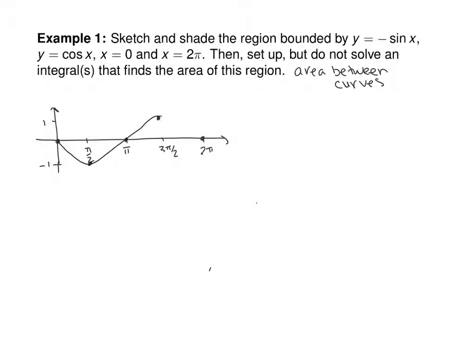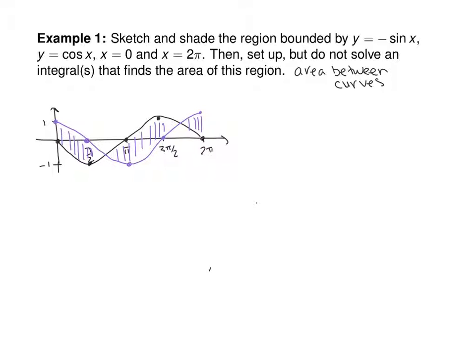So there is negative sine x. Cosine x will start at 1, cross the x-axis at pi halves, be -1 at pi, be 0 at 3 pi halves, and then back to 1 by 2 pi. So there's the region. Here's the area we need to find.